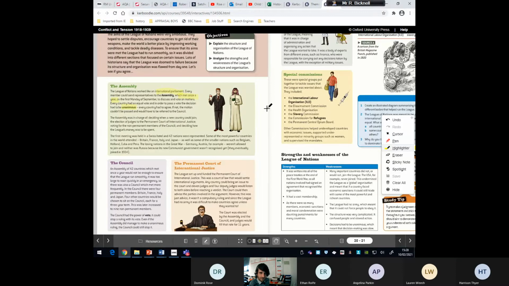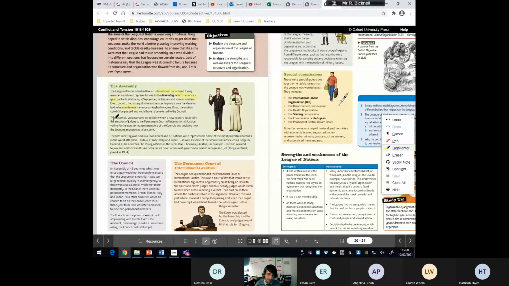And that's significant. Trying to get 42 countries to all vote the same way is a challenge. People have different opinions about what should be done to different countries. Okay? So the Assembly, I would argue, was an element of the League that caused it to fail.